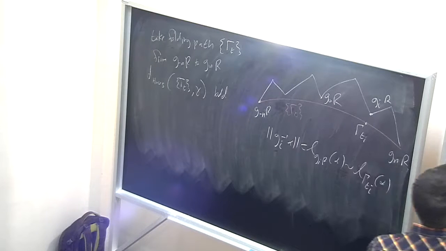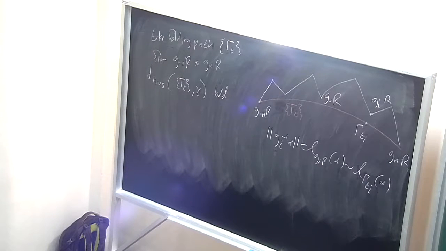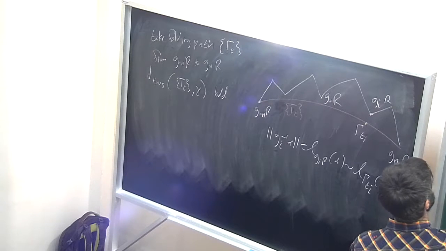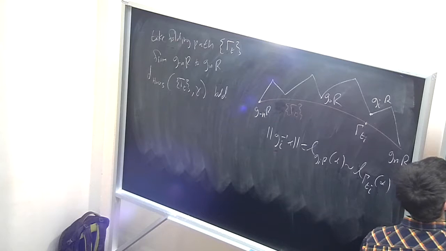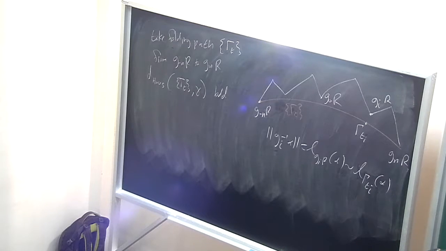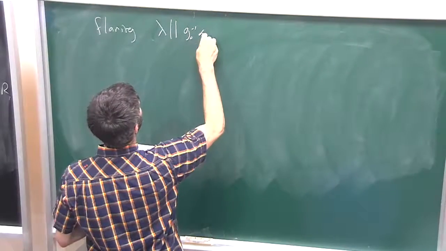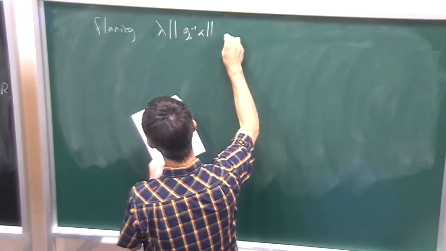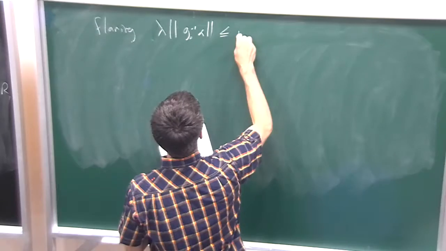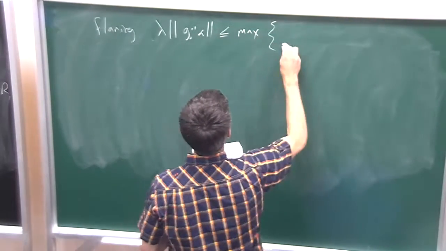Okay, so what we need to show is the flaring condition. All right. The flaring condition is that the length of alpha at 0, one of them is bigger.